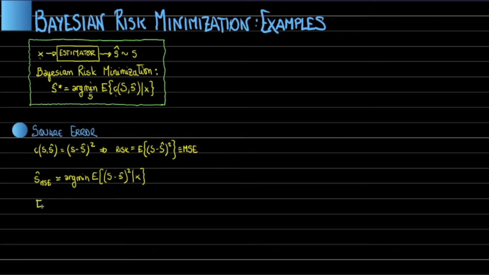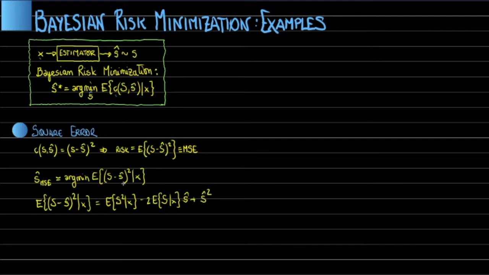So the expected value of S minus S hat to the square given x is equal to the expected value of S square given x minus 2 times the expected value of S given x times S hat plus S hat to the square.